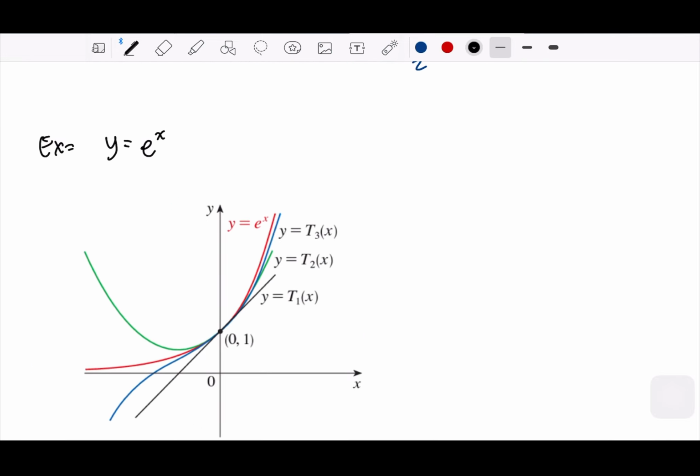Okay, if you look at e to the x, if you remember, we can write it as 1 plus x plus x squared over 2 plus x cubed over 3 factorial plus x to the 4 over 4 factorial plus dot dot dot.